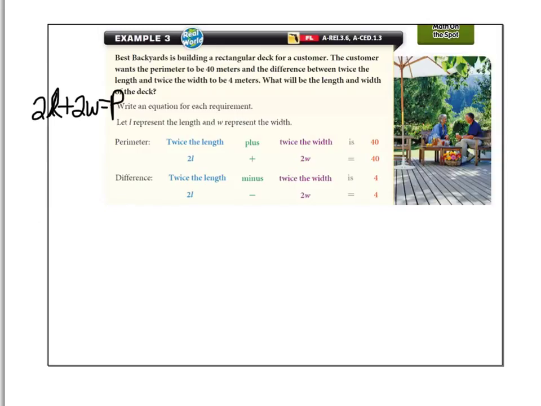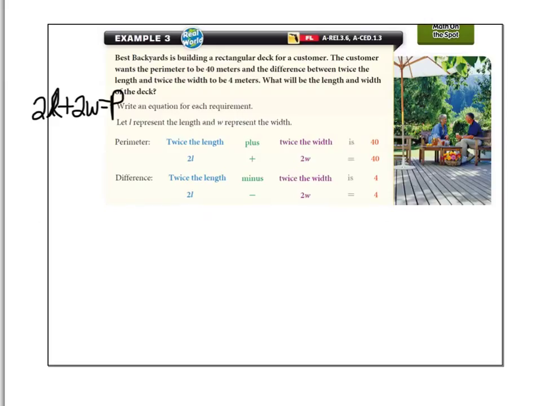So with the best backyards problem, you'll notice it says the perimeter is 40, which means we take the P out and we put 40 in its place, which is what you see here. It then says the difference, which is subtraction, between twice the length and twice the width is 4. So here are your two equations. 2L plus 2W equals 40, and 2L minus 2W equals 4.